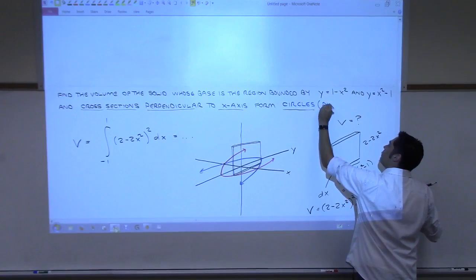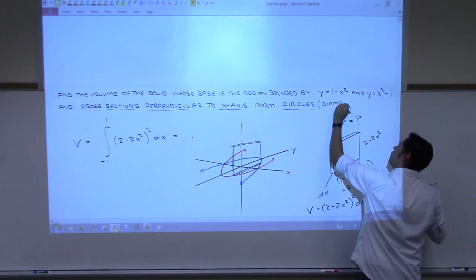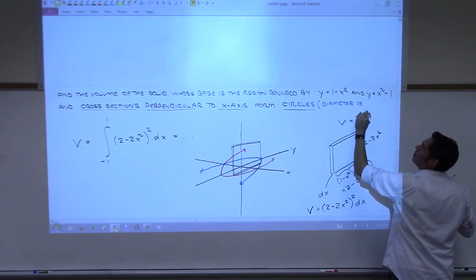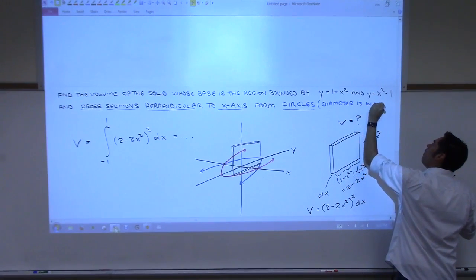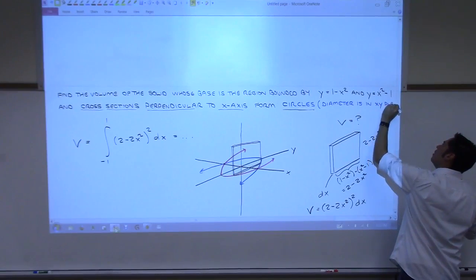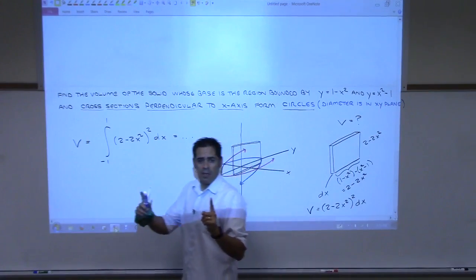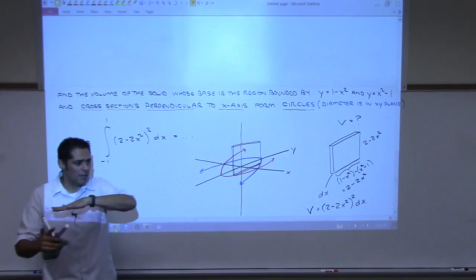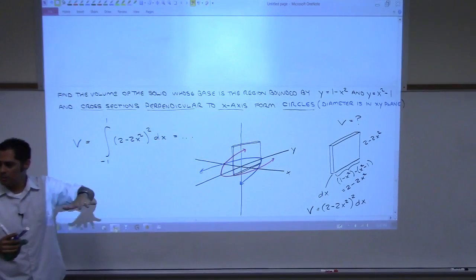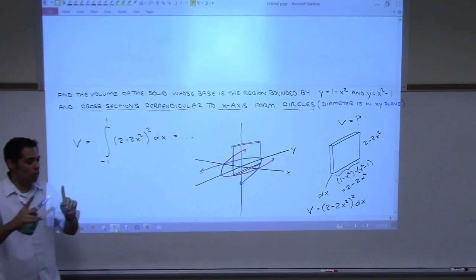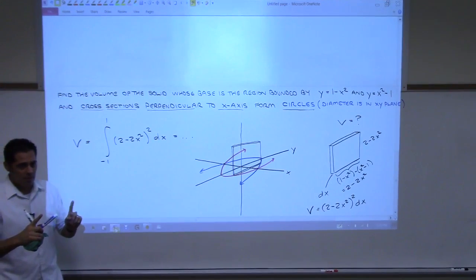The diameter is in the xy plane. In other words, I'm telling you right there that the diameter of that circle is always the part that's on the flat piece, on the ground. So that's where you determine how long or wide the circle is.